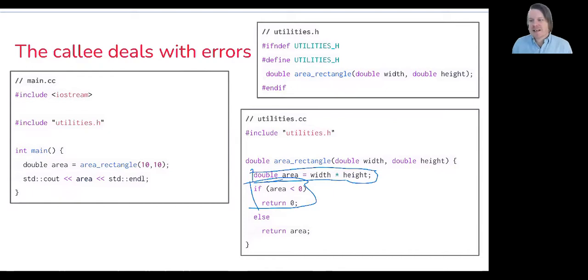Now, here's where things get a little bit tricky. Note that this error was never acknowledged to the person using the area rectangle function. So the question could become, well, why did this function compute a negative area? Where did this happen in the code?